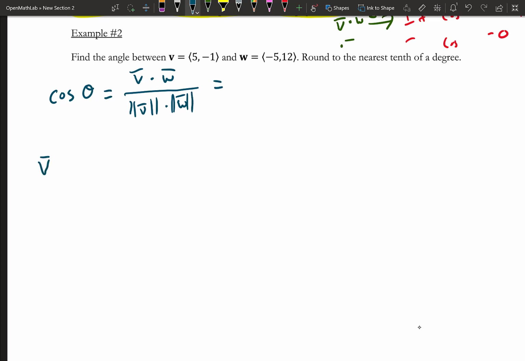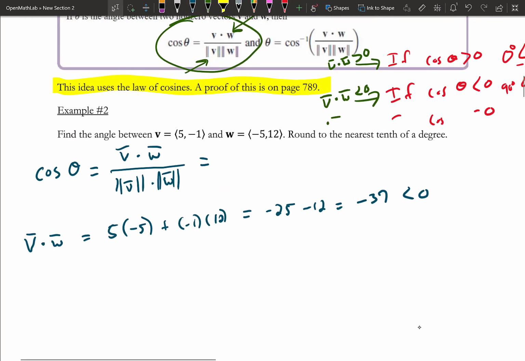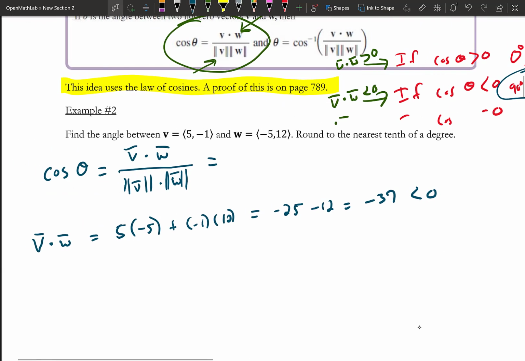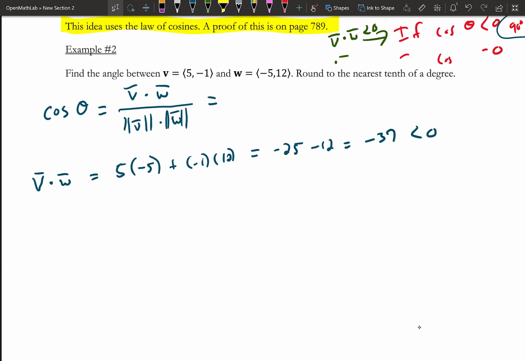So vector v times vector w is going to be equal to 5 times negative 5 plus negative 1 times 12, which equals negative 25 minus 12, which equals negative 37, right? So this is less than 0. So, following up here, that's going to tell me that theta is in between 90 and 180 degrees, right? So that's just going to be my numerator, negative 37.